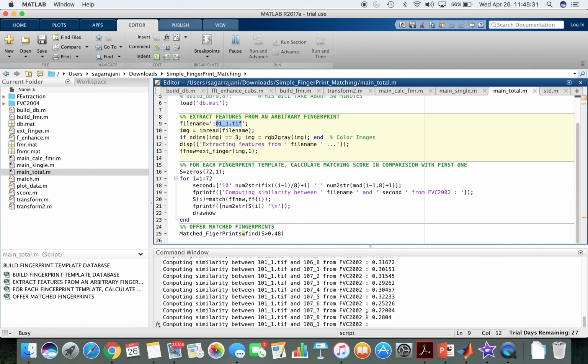It's just going to take 1 more minute, and it will finish comparing all the images and show us the similarities. It's showing us the similarity scores over here, and it will tell us how many images this image matches with.